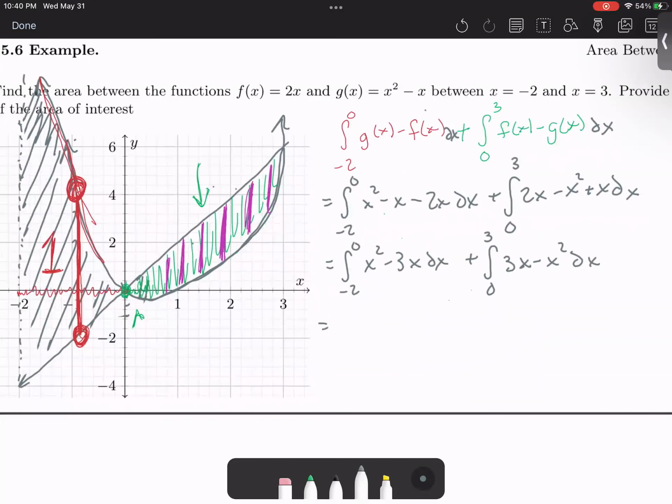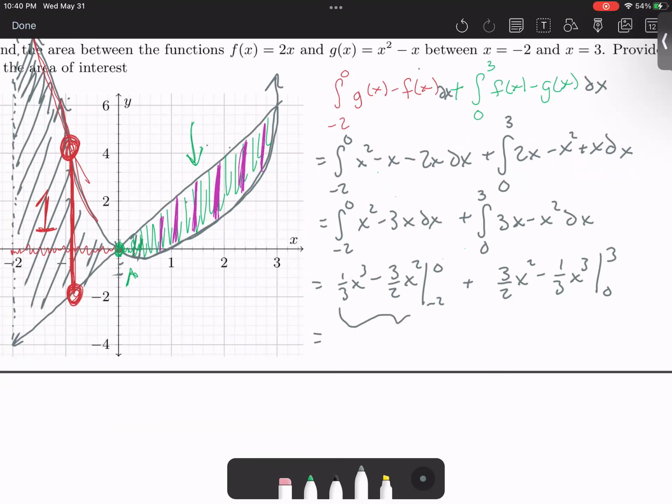All right, let's find antiderivatives. So this is going to be 1/3 x cubed minus 3/2 x squared evaluated from -2 to 0 plus 3/2 x squared minus 1/3 x cubed evaluated from 0 to 3.